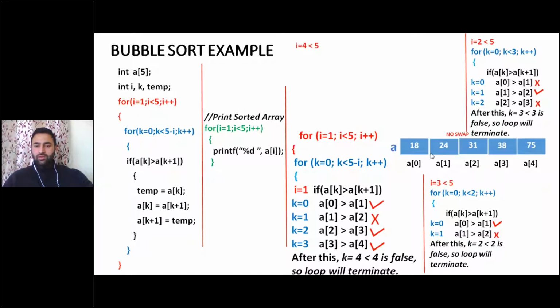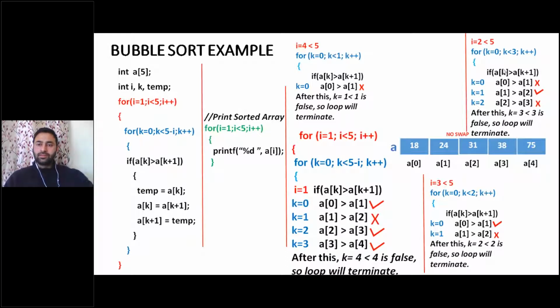For the value of i 4 less than 5, this is again true. So the inner loop will run, and there will be only a single comparison between a of 0 and a of 1, and this is wrong. So there will be no swapping. After the fourth pass, 24 is also sorted. In this way, every element in this array has been sorted after n minus 1 passes.